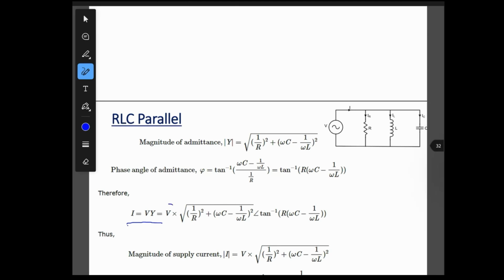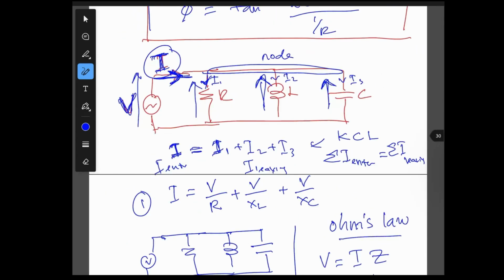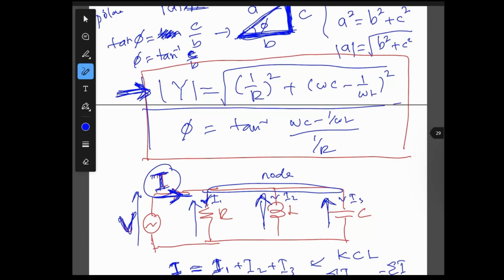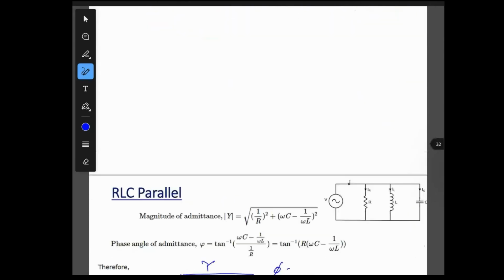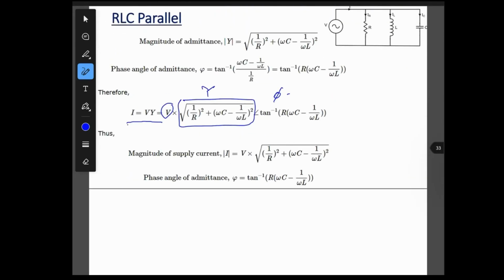This one is V, this one is Y. For the angle, just take the tangent, using this formula. This one is for I, that is for the angle.